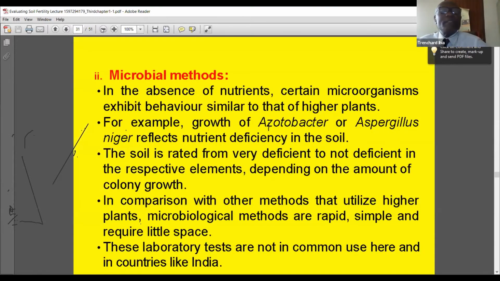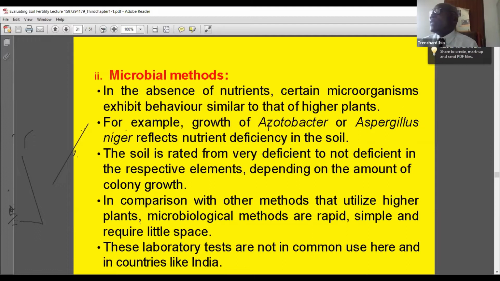Next slide, please. Microbial method. Next slide. In the absence of nutrients, certain microorganisms exhibit behavior similar to that of higher plants. Azotobacter or Aspergillus have been known to be useful in reflecting nutrient deficiency in the soil.